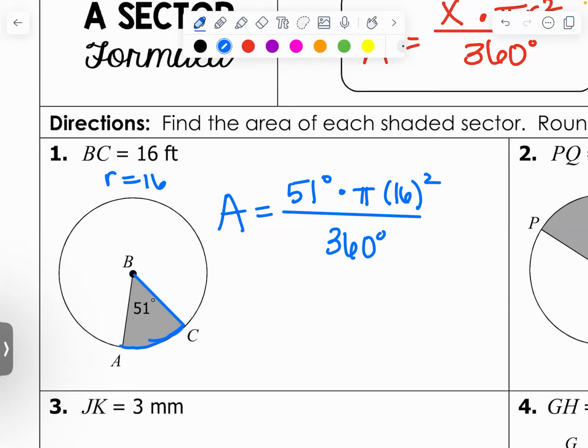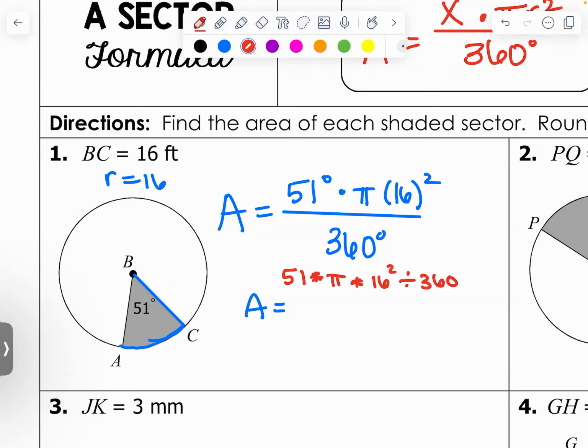Can you do that in your calculator? So not the square root, 16 squared. Yes. So this is how I would type it in, Nora. I would say 51 times pi times 16 squared divided by 360.